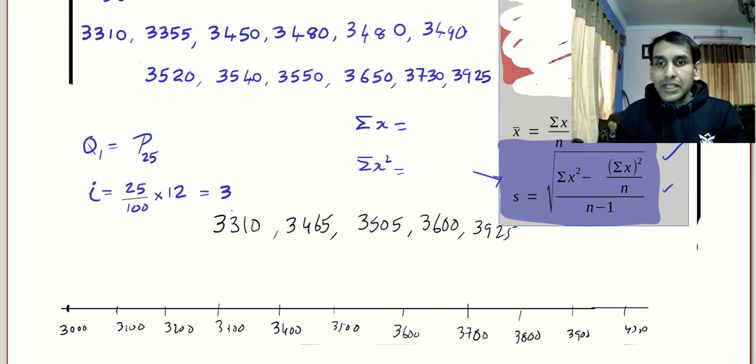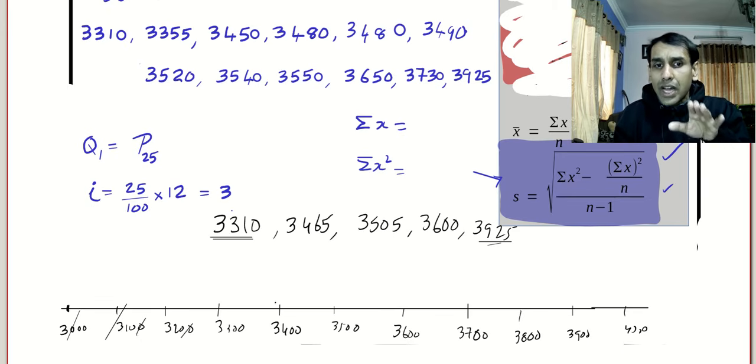Why I took 3000 and 4000 is because I know my answers will always lie between 3000 and 4000. If you want, you can even start from 3300. No need to write these numbers.